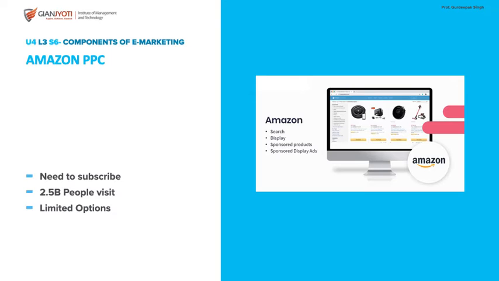For the sponsored products also, you can display your ad. And now recently they have started sponsored display ads. So the products can be sponsored, and now you can sponsor the ads, but still it is new and there are limited options. But this is another place where there is heavy traffic of people.